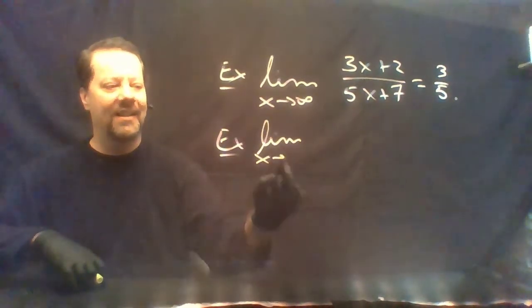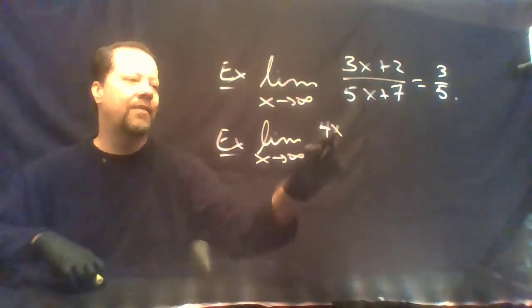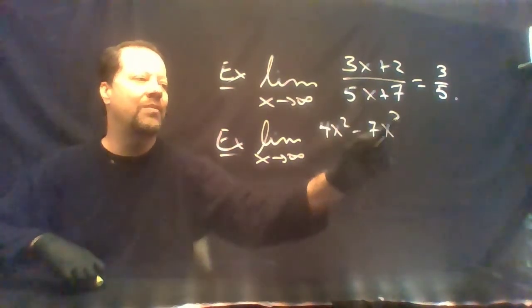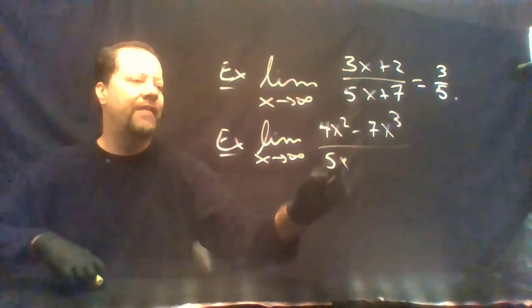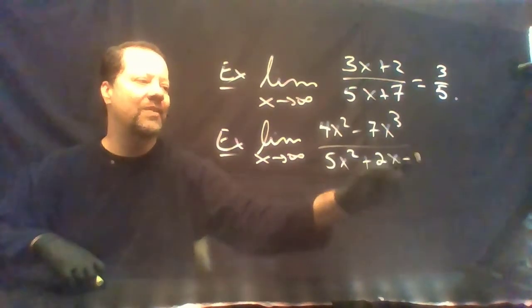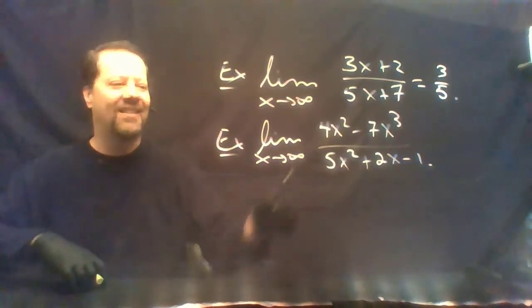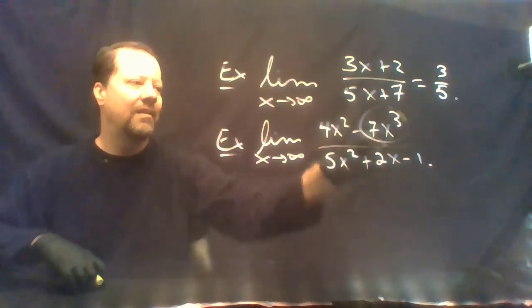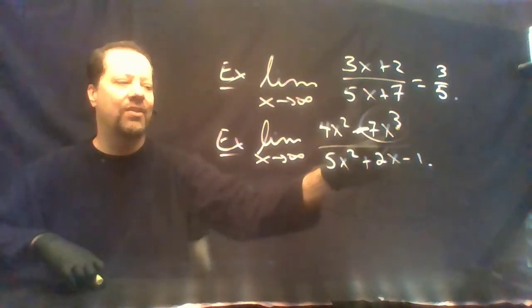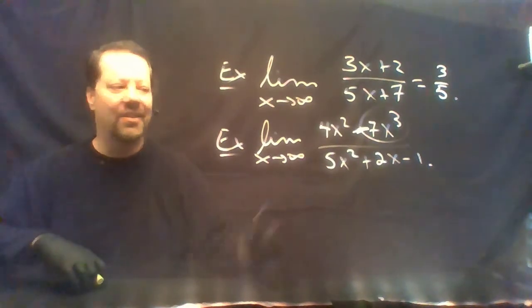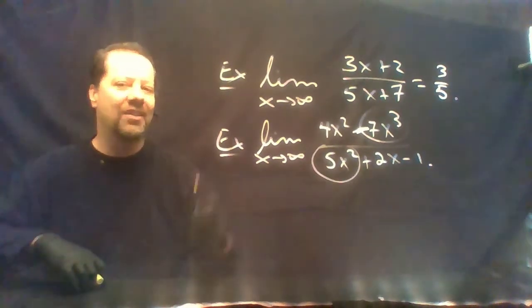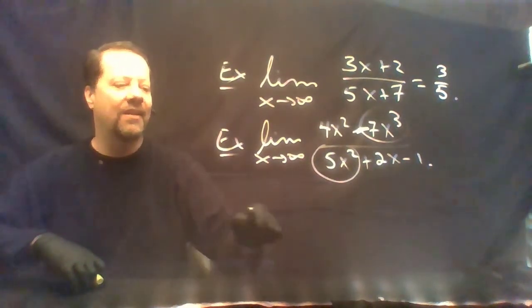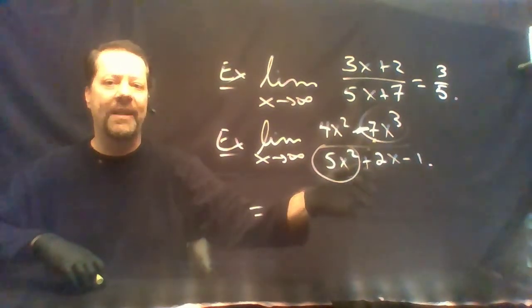What's the limit as x goes to infinity of 4x squared minus 7x cubed over 5x squared plus 2x minus 1? Now, this minus 7x cubed is the leading term, whereas the leading term in the denominator is this 5x squared. The top is going to win the race to infinity.